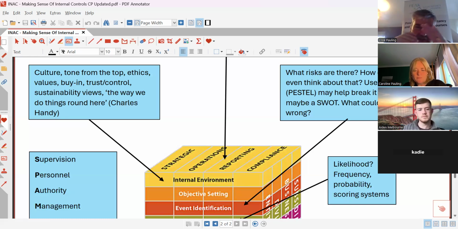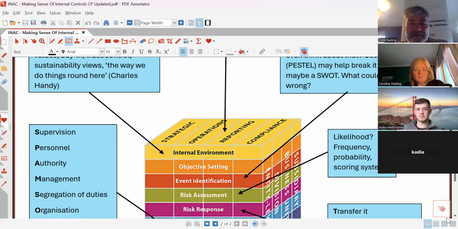So you've got to think about how you get all of your staff to buy into doing their job ethically. On top of that, throw in sustainability principles of the organization that you want to communicate down the organization as well. So setting the right scene, the right tone from the top is important as a control in itself.